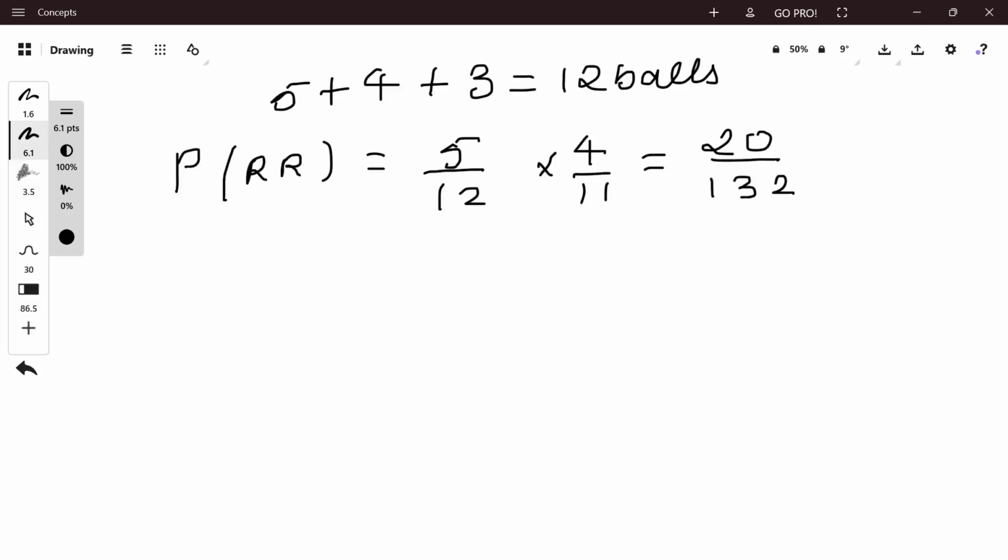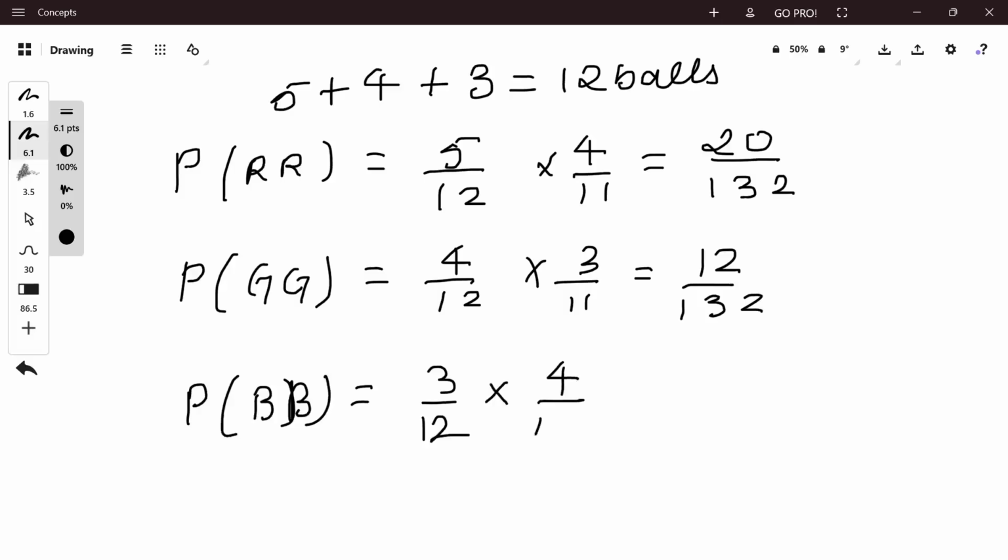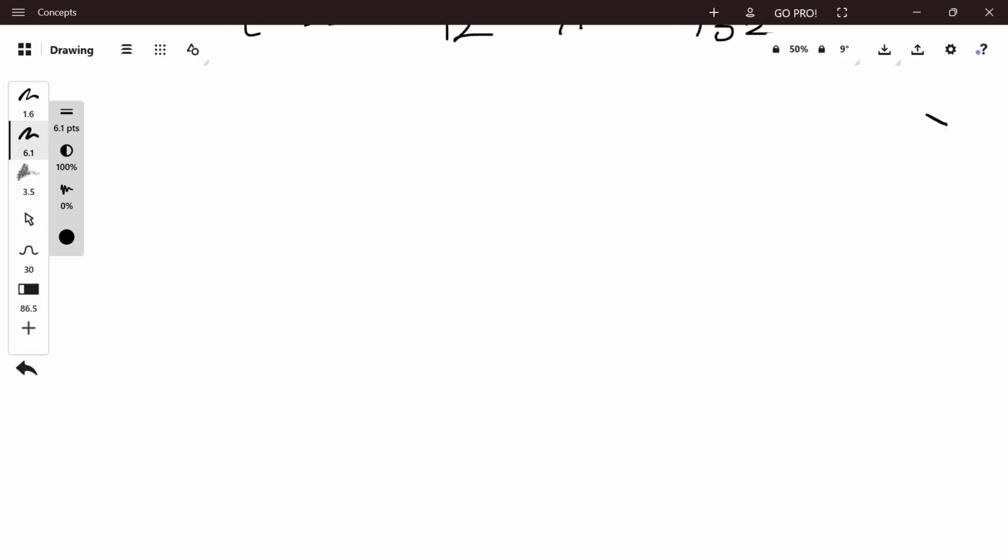The probability that both are green balls is equal to 4 upon 12 into 3 upon 11, that is 12 upon 132, and the probability that both are blue balls is equal to 3 upon 12 into 4 upon 11, that is 6 upon 132. The total probability is the sum of probabilities of these events.